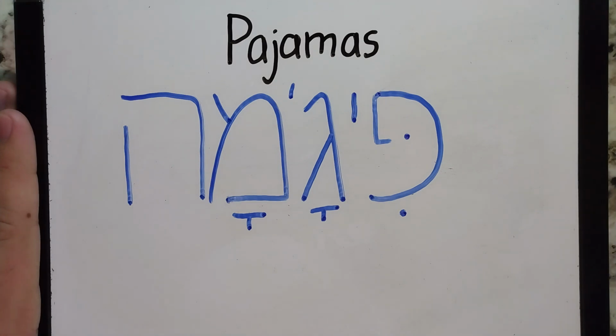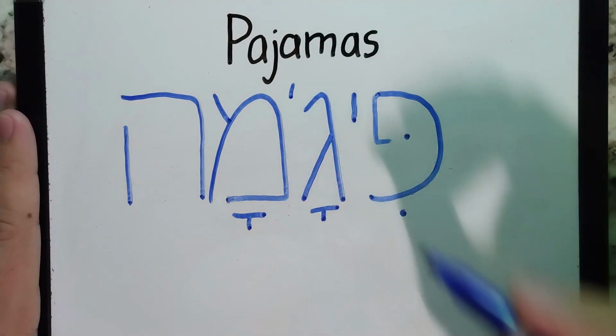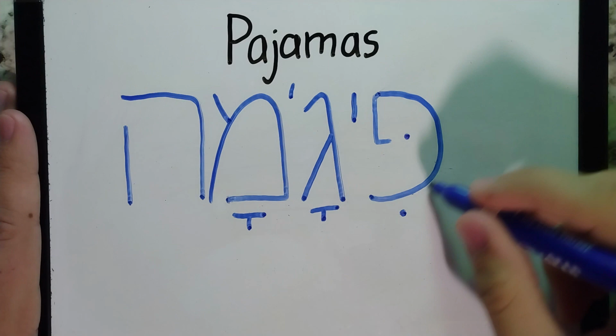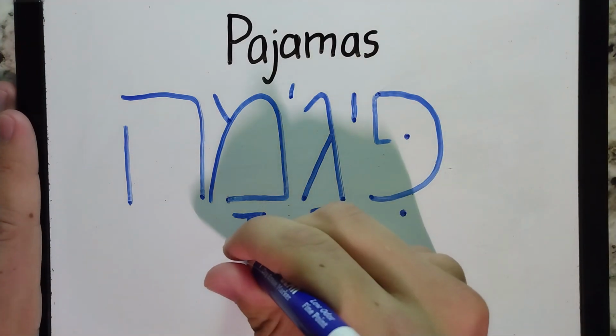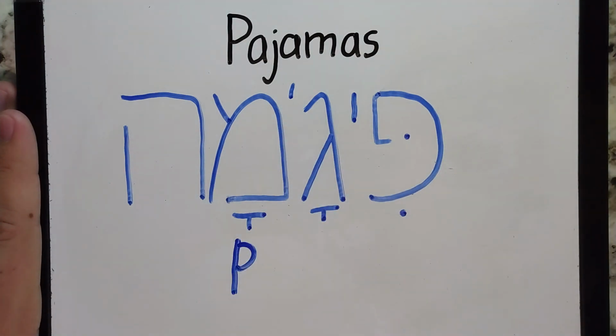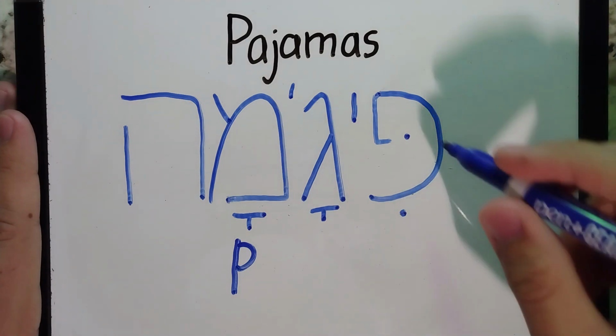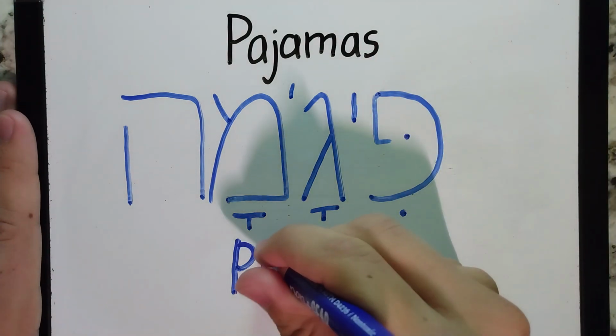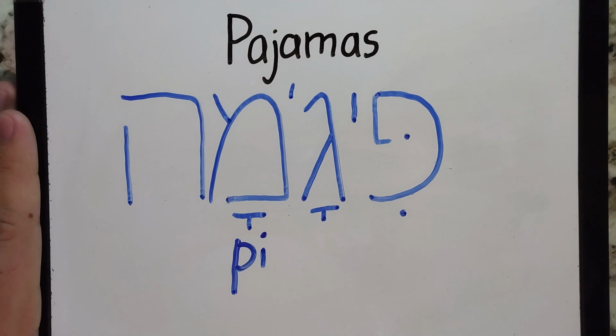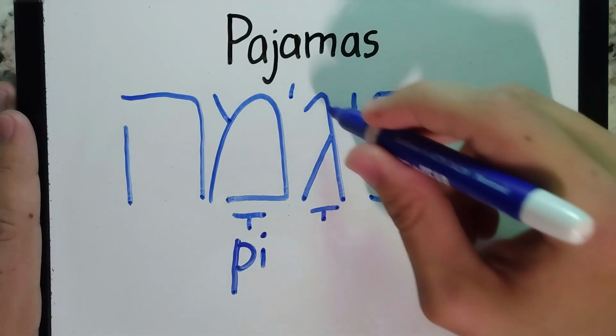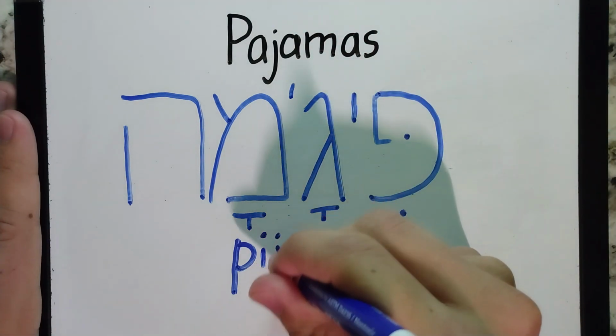The Hebrew word for pajamas has a gimel with apostrophe. This word starts with a letter peh, which has a dagesh, which means it makes the p sound. Under the peh is a hirik, which is represented with a yud, which makes the e sound. After that comes the gimel with apostrophe, which says j.